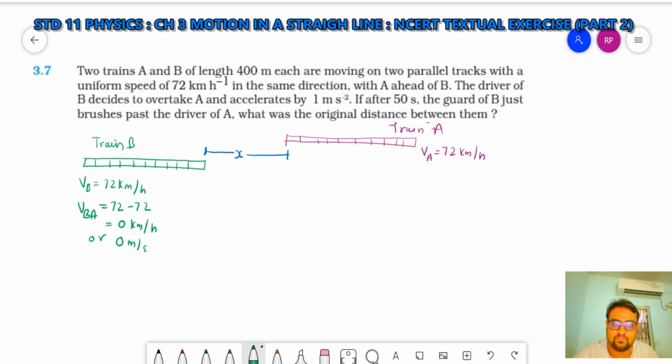Both are 0. Now, the driver of B decides to overtake A by acceleration. So what is the acceleration of train B? That is given as 1 meter per second squared.